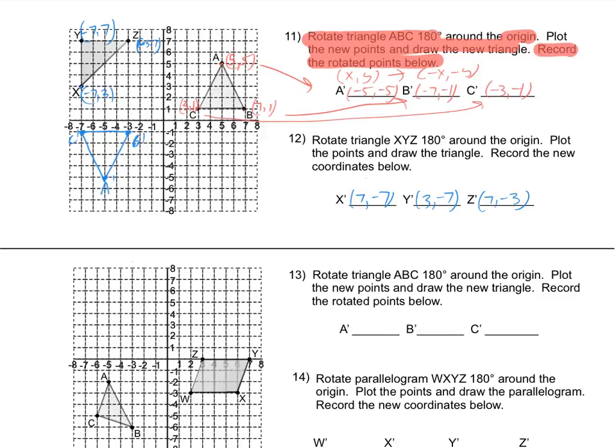Then you should have plotted those points. So 7, -7 would now be down here, and we're going to put the x tick mark. And then 3, -7 will be right here, and that's y. And then you will have your z, which is 7, -3, which is right here. Connect your points.